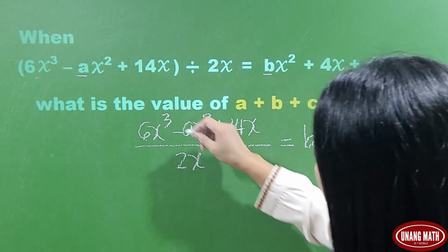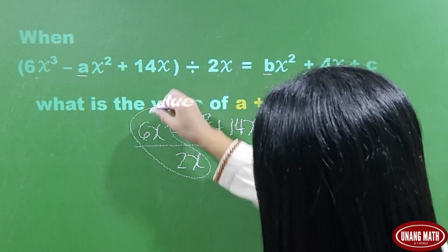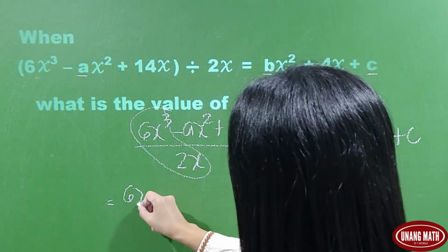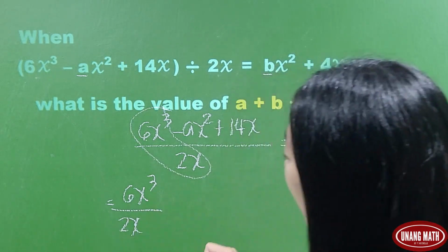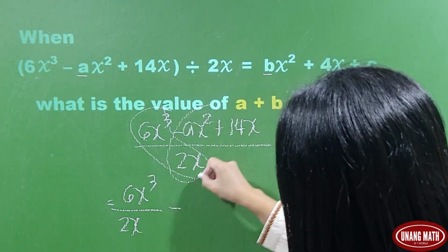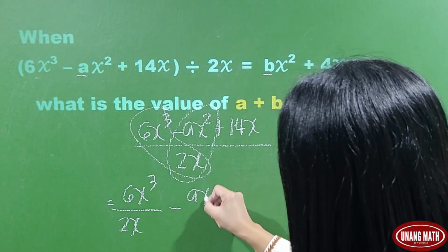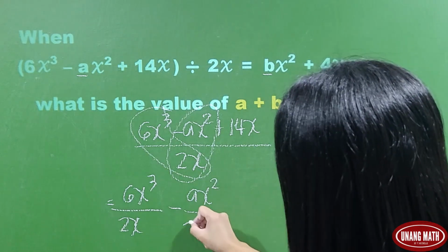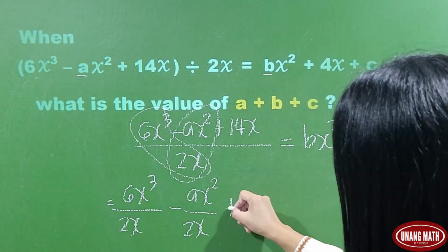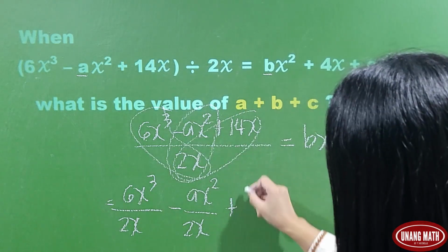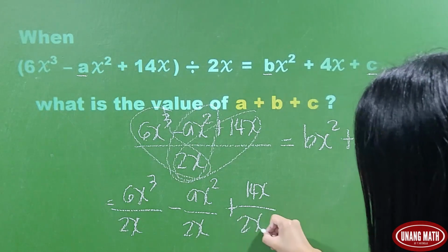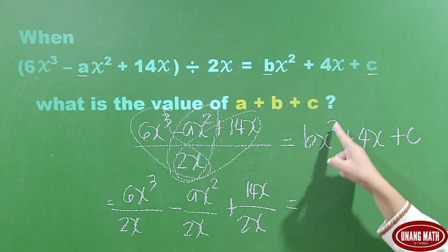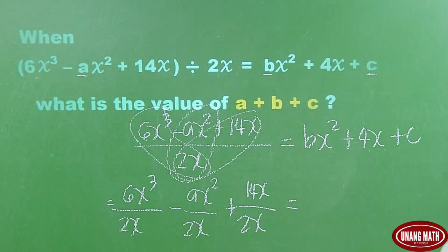Okay, this expression is just the same if we will write as 6x raised to the power of 3 over 2x, minus x raised to the power of 2 over 2x, plus 14x over 2x. And this is equal to bx squared plus 4x plus c.